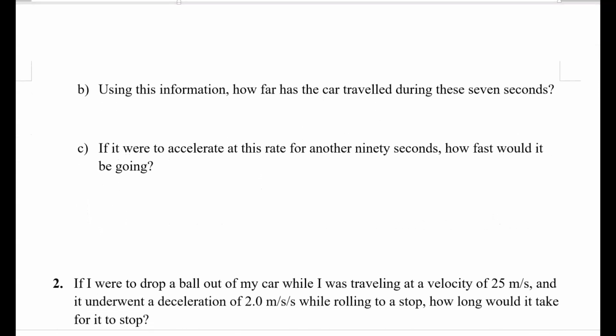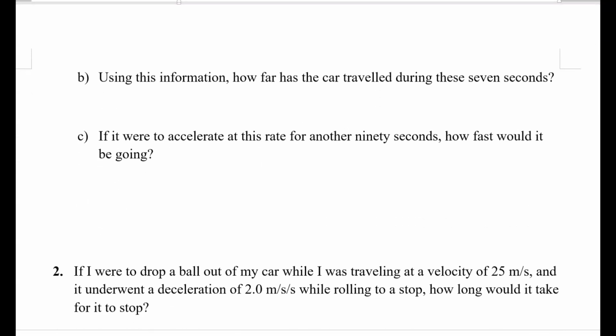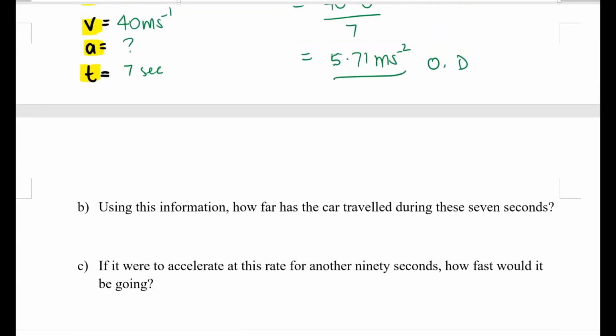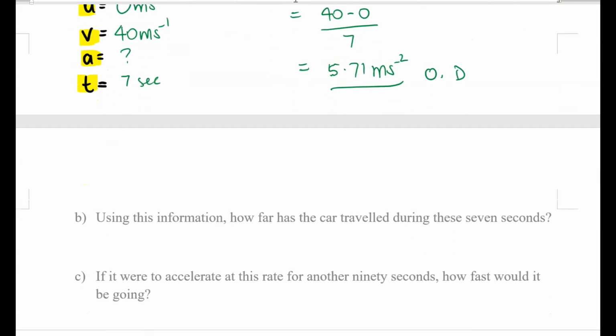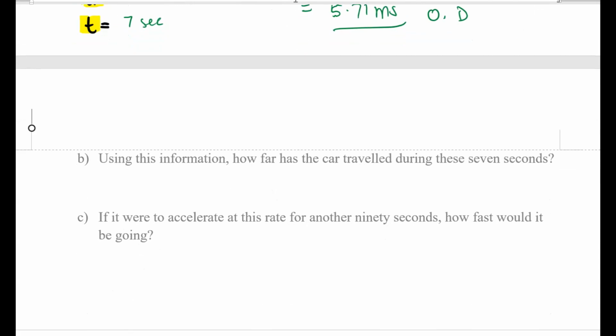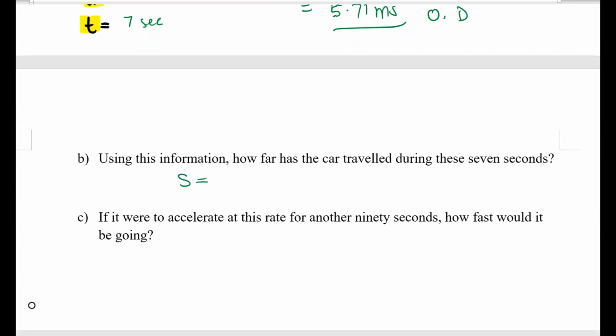Using this information, how far has the car traveled during these 7 seconds? So we're still going back to our SUVAT. How far has it traveled? That's our displacement. So in this example we'll have s is ut plus a half at squared.